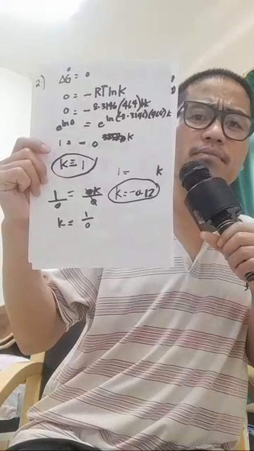So this K is negative, K is equal to negative 0.12. Since in the theory, if K is less than 0, then our delta G will be greater than 0, something like that.